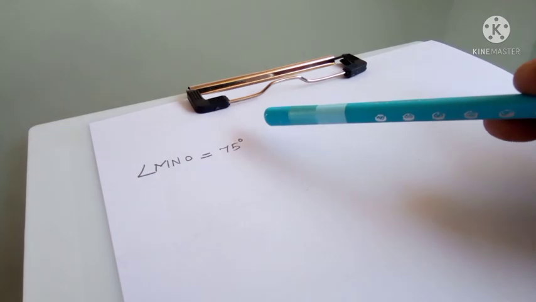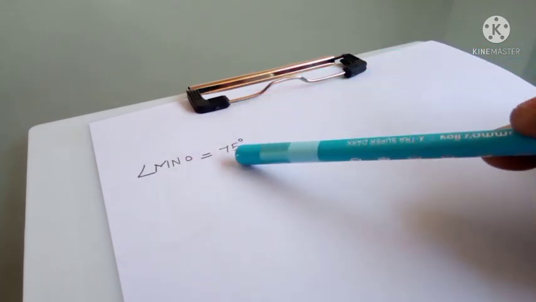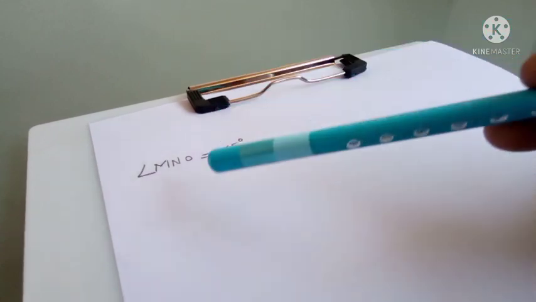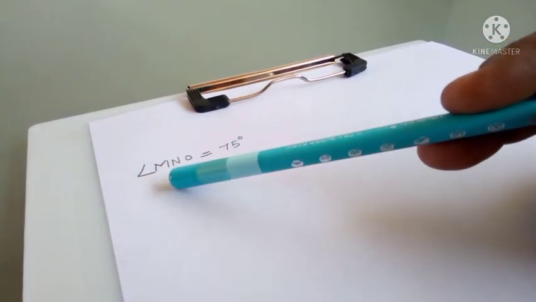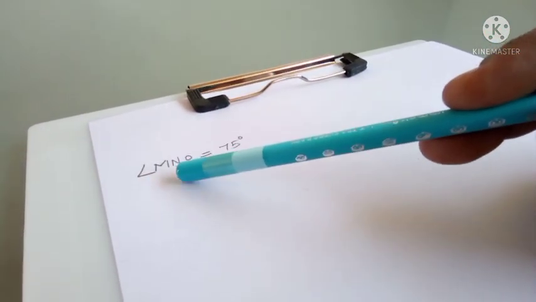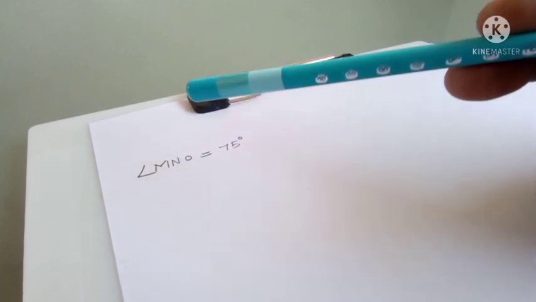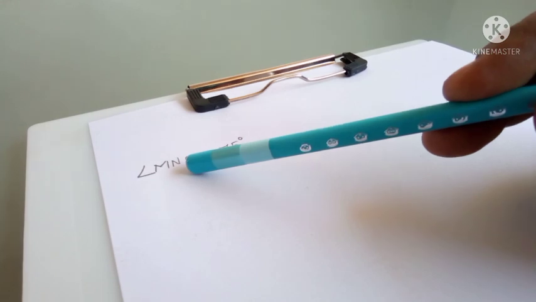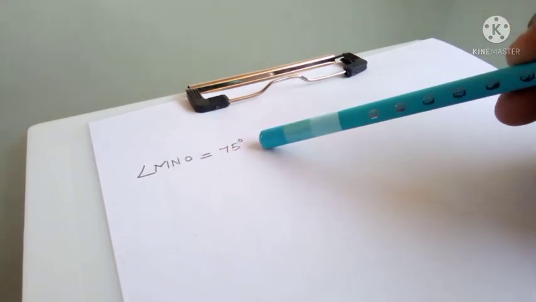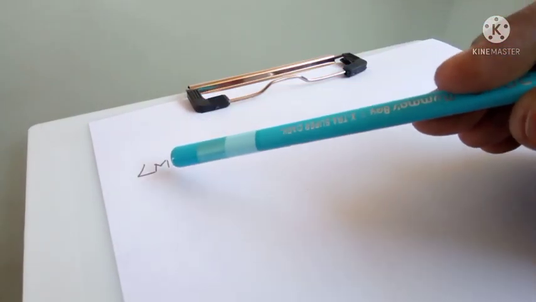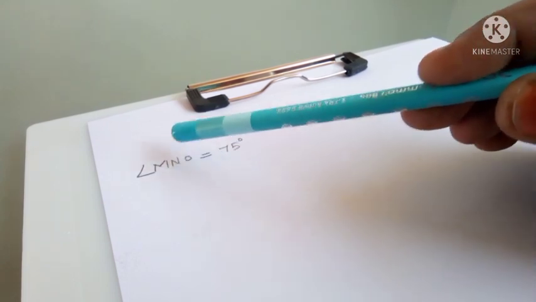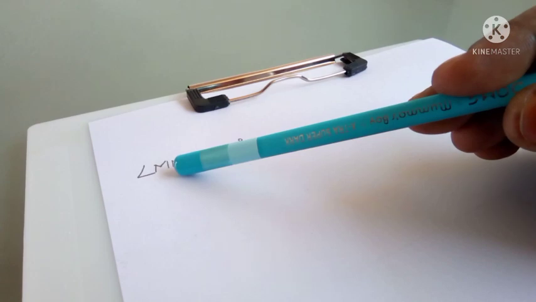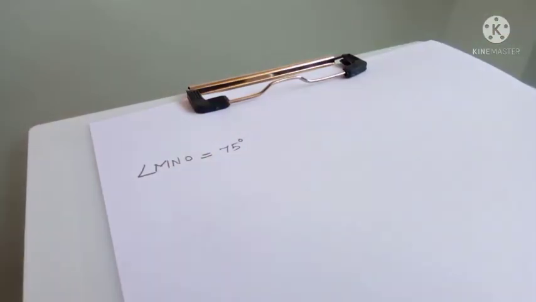Here is another example. In this example, we are going to draw 75-degree. The name is already given. So we have to give the name which is given in the question. See here, MNO. Angle MNO is 75-degree. So see that N is in the center. So our angle's name should be N. Let us draw that.